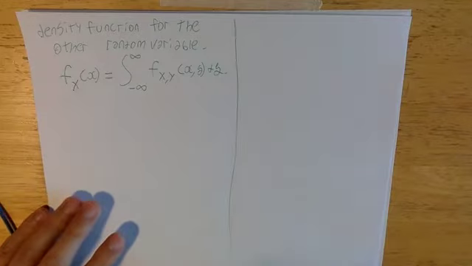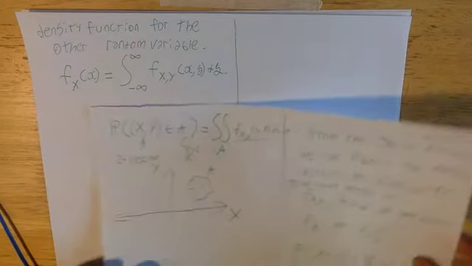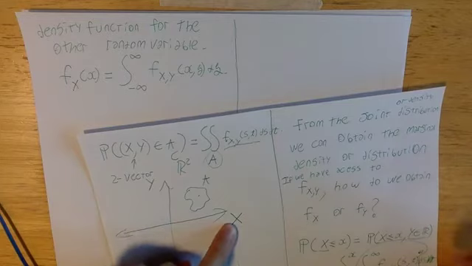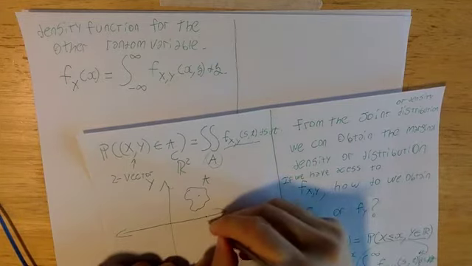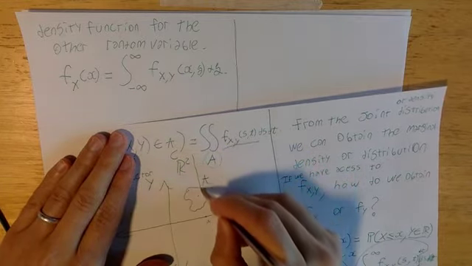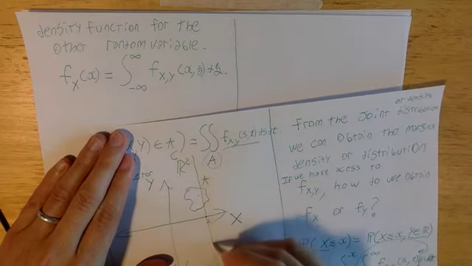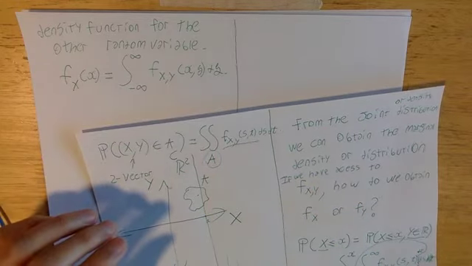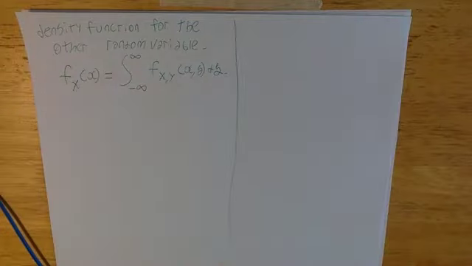Okay, so morally, if you look at the picture here, if you want the marginal distribution for X at a point x, you have to integrate the joint distribution over this whole line. Okay, and this is what it's called.